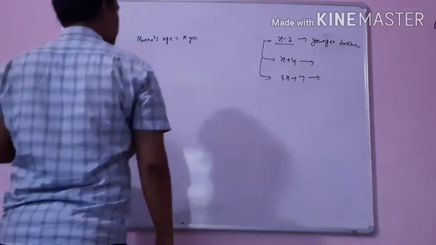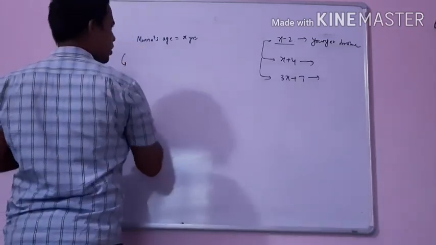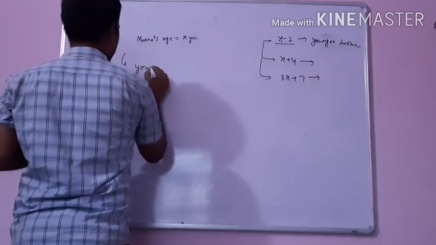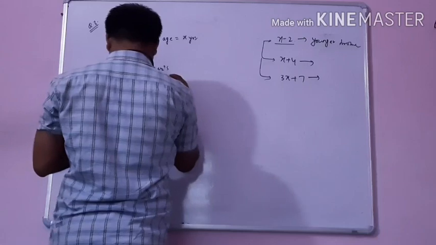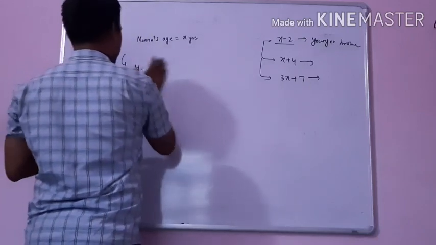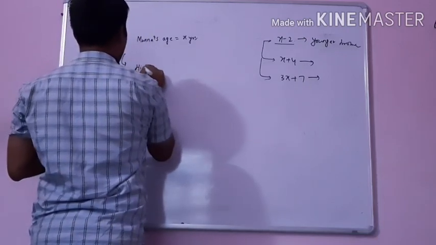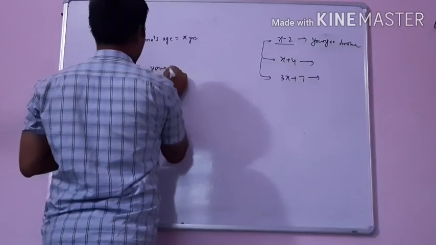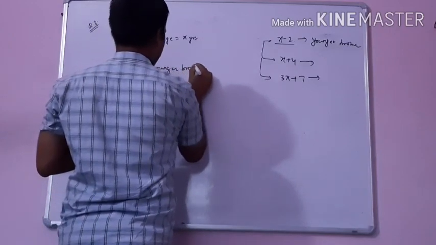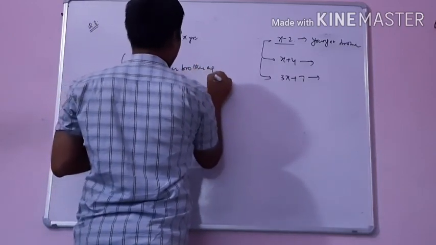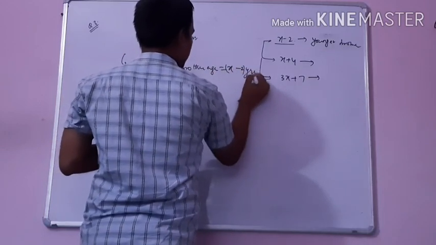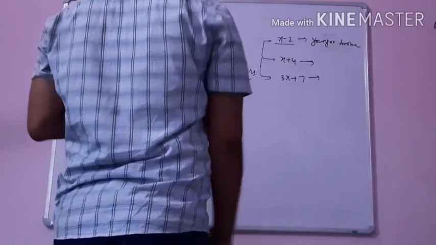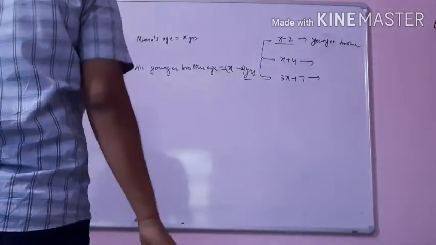So here, the younger brother's age will be x minus 2 years. Now x plus 4 means there is a difference of 4 years.